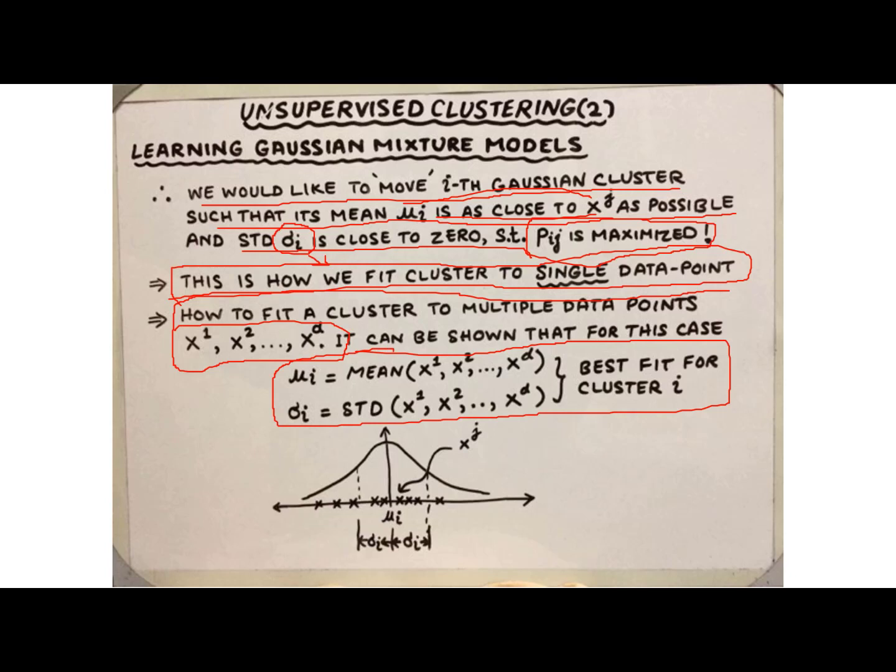One can show that the best fit is obtained when the mean of the cluster equals the statistical mean value of the data points. Likewise, the standard deviation of the Gaussian cluster equals the statistical standard deviation of the data points. If those conditions are satisfied, then we are going to have the best fit for the cluster, in this case cluster I.